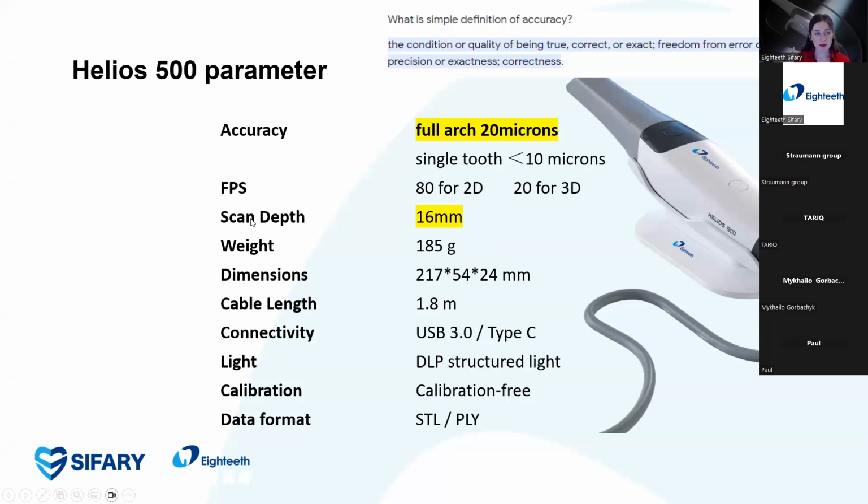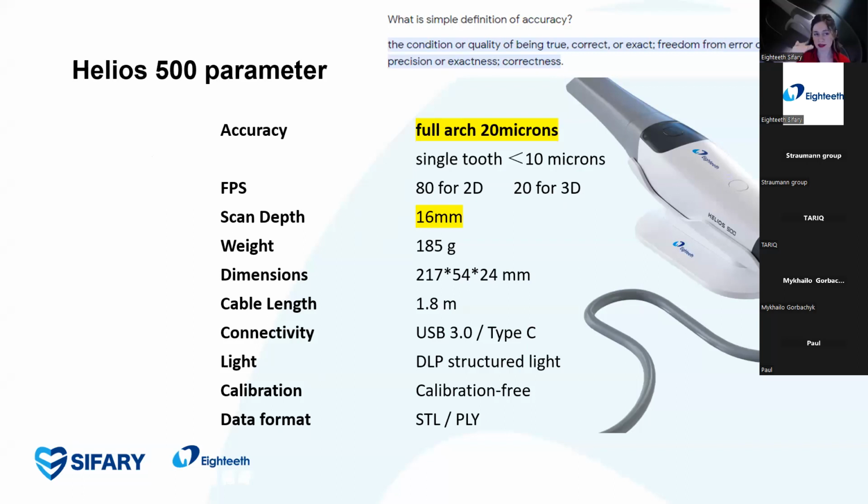And frames per second means that every second during the scanning, it is capturing 3D and 2D data. For 2D, it's a picture, like a JPEG file you can imagine. It's taking 80. For 3D, which we need for creating the model, it's 20 frames per second.